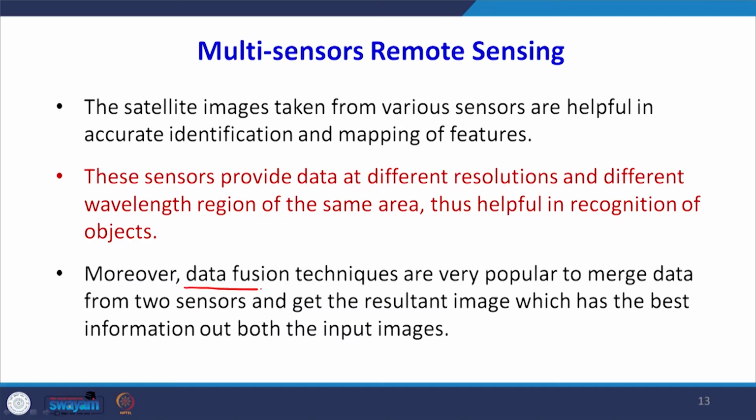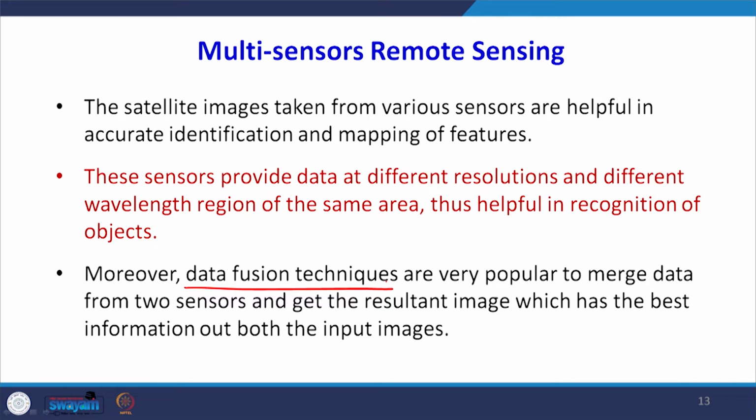This combination will help me identify features on the ground and differentiate between two objects much more clearly. Also, the advantage of multi-sensor is that I have data from panchromatic bands and data in multispectral wavelength regions, and I can fuse the data. So data fusion, or data merging, is another popular technique here, and it has been used for better identification or classification of the satellite image.